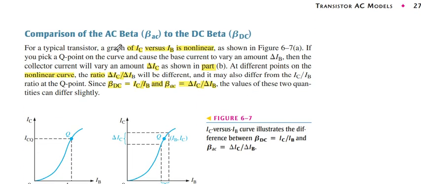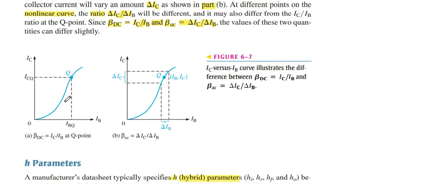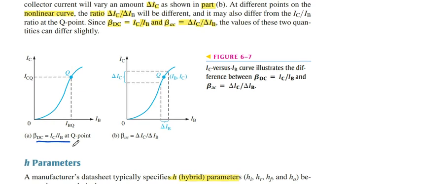Next is the difference or comparison between beta AC and beta DC. This is beta DC. Beta DC is basically equal to IC over IB. Why? Because IC and IB are non-linear.